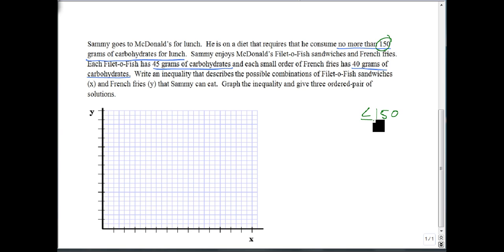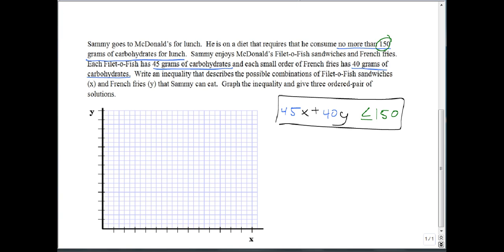We also know that for each fillet that he eats, he will have 45 grams of carbohydrates. So 45x plus 40y is less than or equal to 150. Here's our default inequality. That describes everything we need to know.